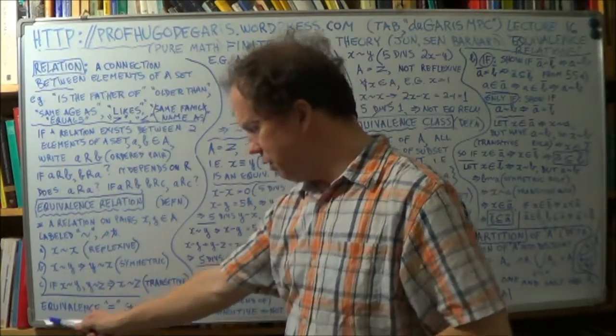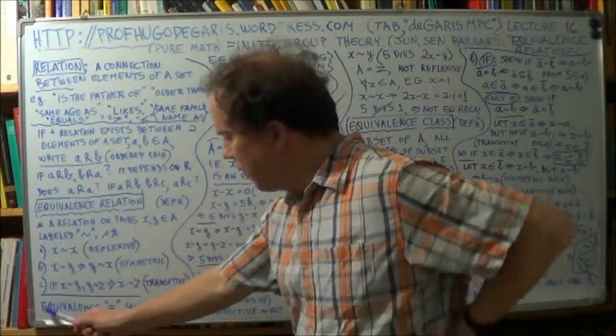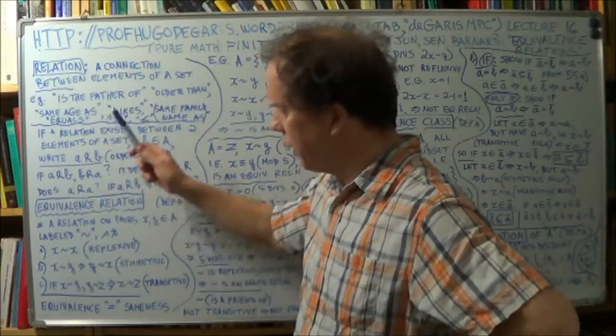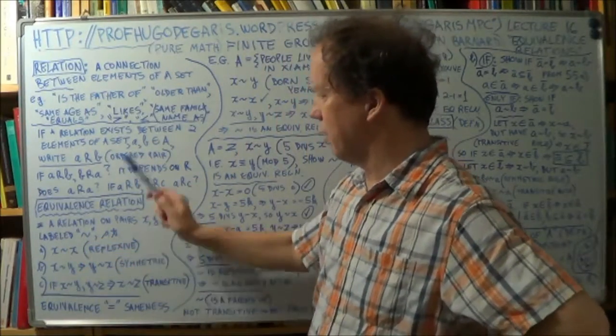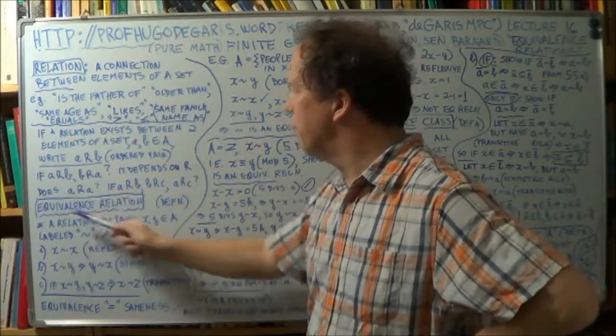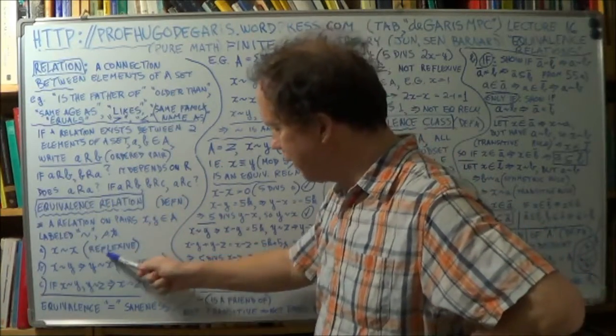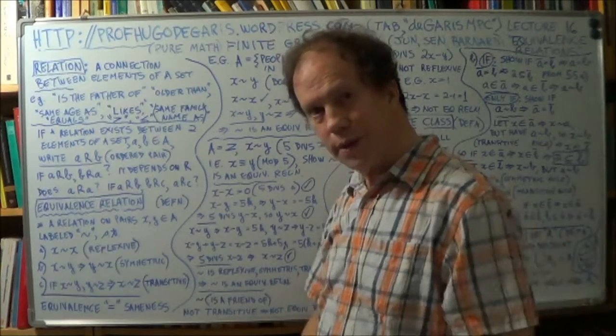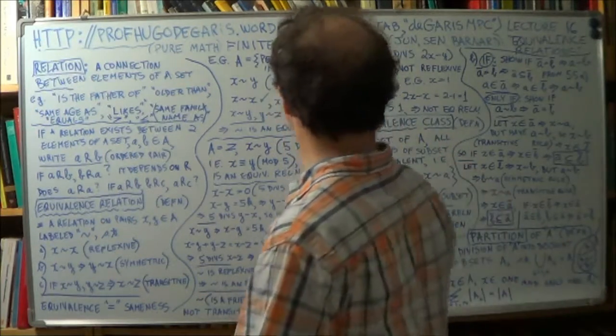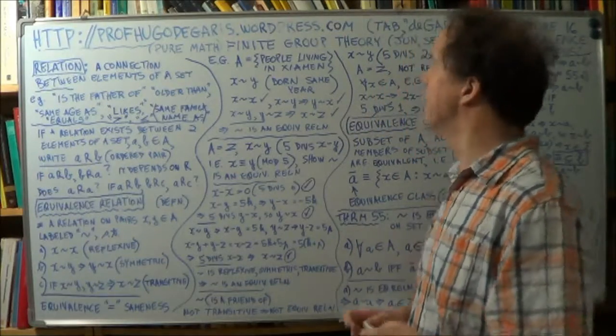So that's why you use this word equivalence, right? So an equivalence relation obeys these three properties. An equivalence relation is reflexive, symmetric, and transitive. It has these three properties, right? Okay, now let's actually do some examples.